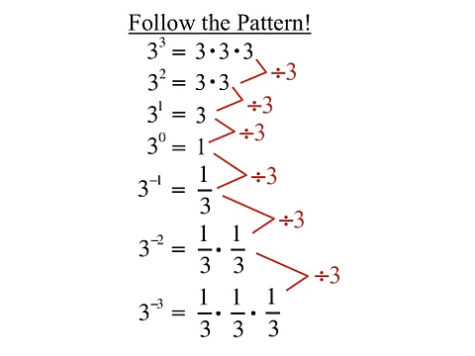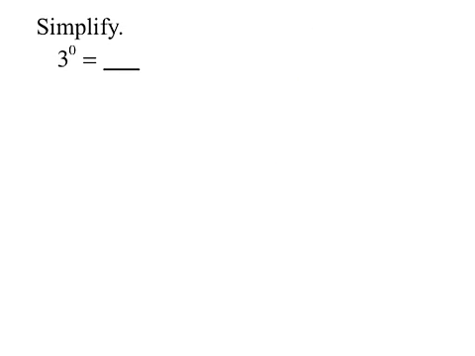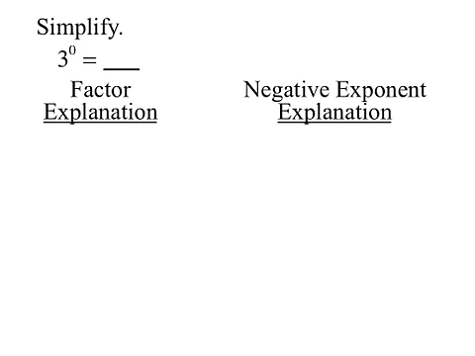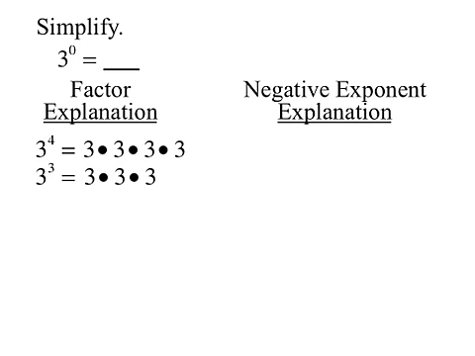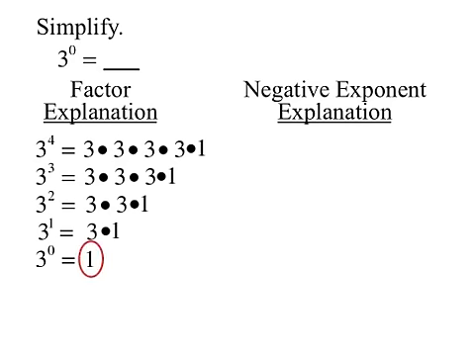So take a minute, look at that pattern. 3 to the 0 power. A couple ways we can look at it. Every time, we're also always multiplying by 1. So when I get rid of all my 3's, I'm left with the first power, 1.